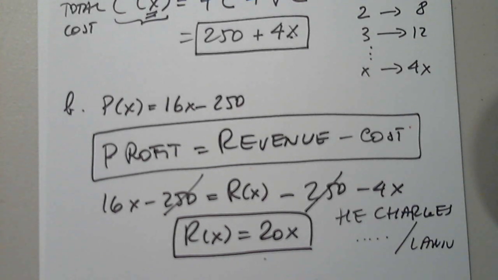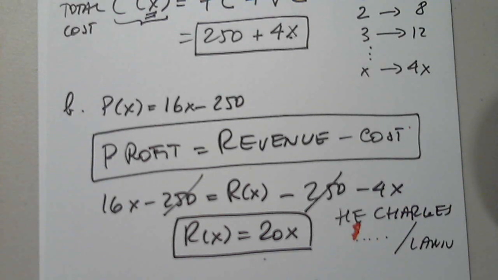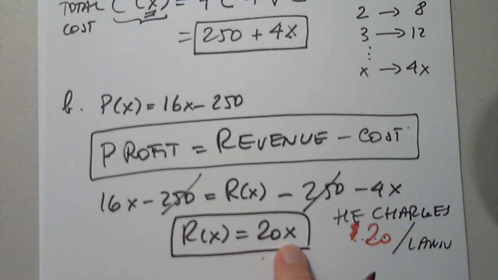By looking at the revenue function, we realize that he's charging how much per lawn? Yes, indeed, 20 times x. So if he mows one lawn, he gets 20, 2 gets 40, 3, 60, and so on and so forth.